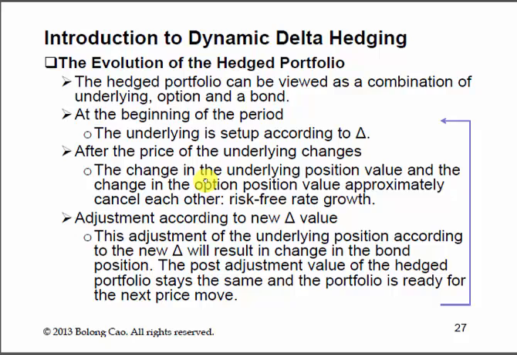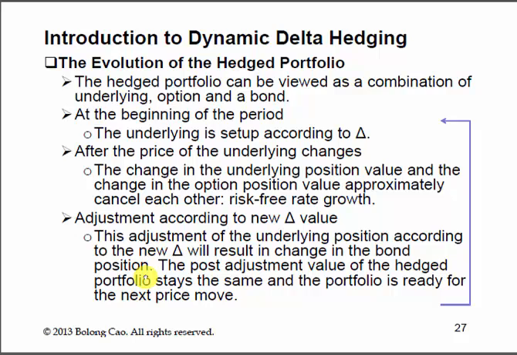But once the underlying price has increased, you will have a new delta. Now you need to adjust your hedging position, the long underlying position, according to the new delta value. This adjustment of the underlying position according to the new delta will result in a change in the bond position.